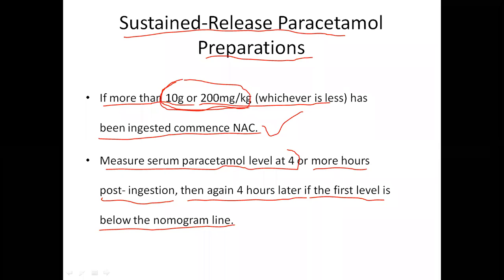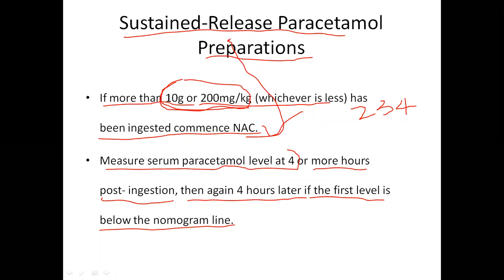So I will not go for checking the paracetamol in the serum in the beginning. I will just start the NAC. Maybe the patient comes to me after 2 hours, after 3 hours, after 4 hours, whichever hour, I will not see. I will just start the NAC if it is a sustained release preparation.